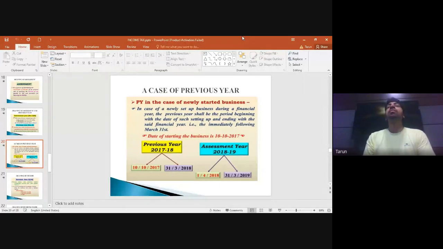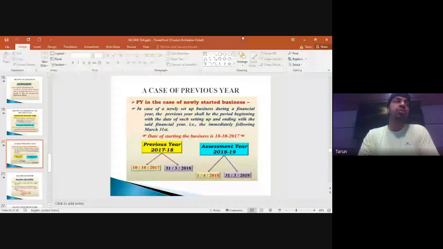That always begins from 1st April 2023 and ends on 31st March 2024. So this is the difference between the previous year and the assessment year, right? Any questions you would like to ask about how you differentiate between the previous year and the assessment year?